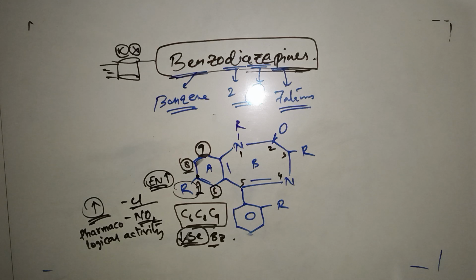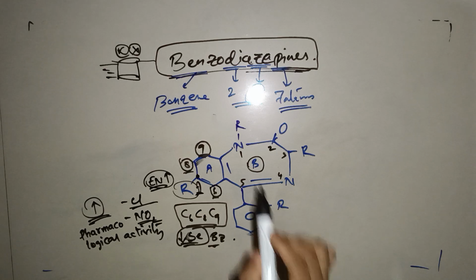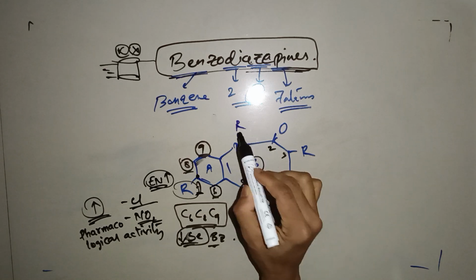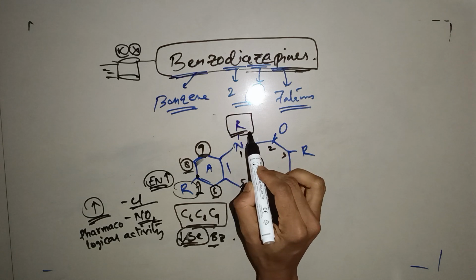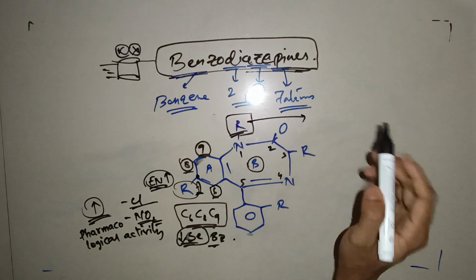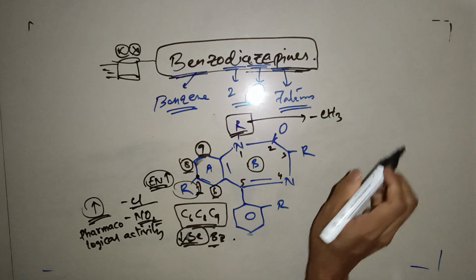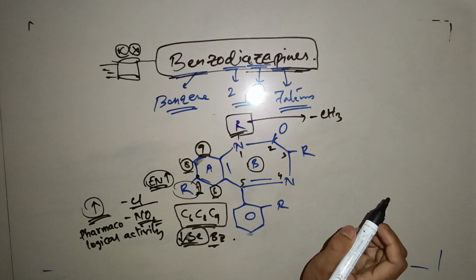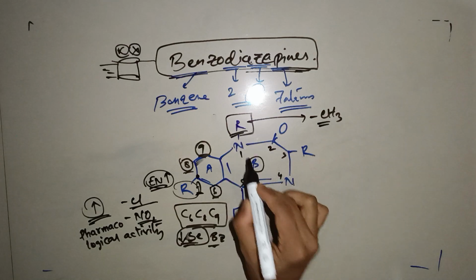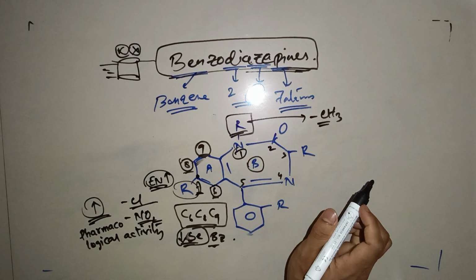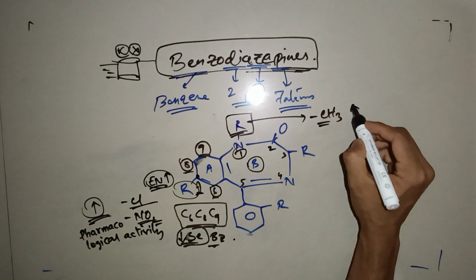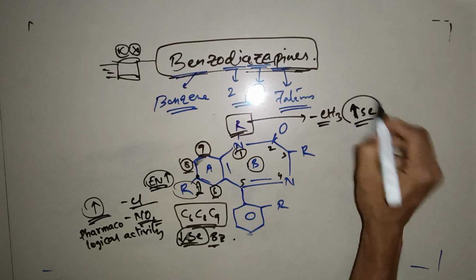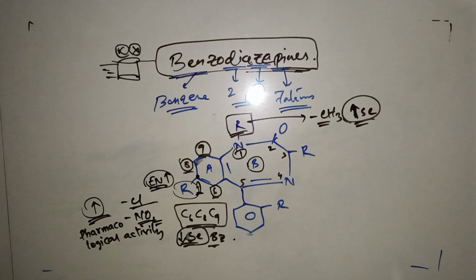After that we will see the changes in ring B. In ring B, the first point is the nitrogen, that is the first position. In place of the R group, if we put CH3, that means any alkyl group substituted at the first position, it will increase the activity of benzodiazepine.